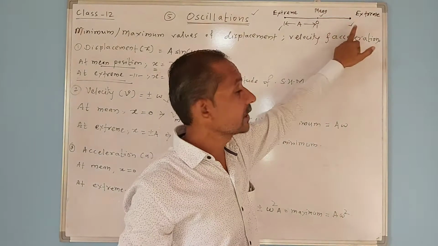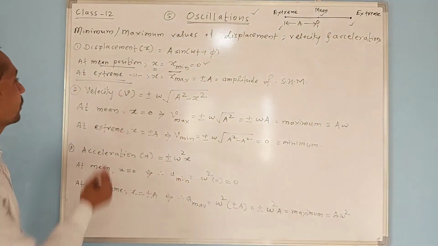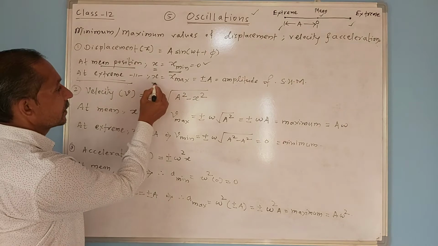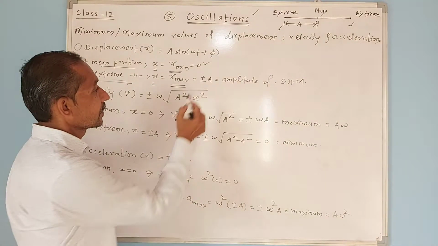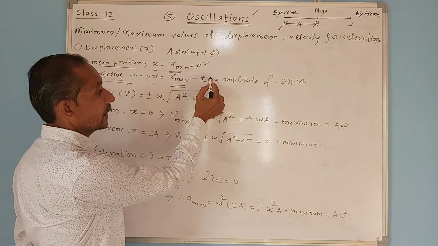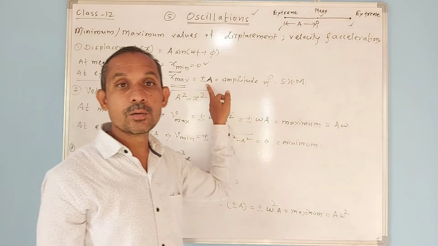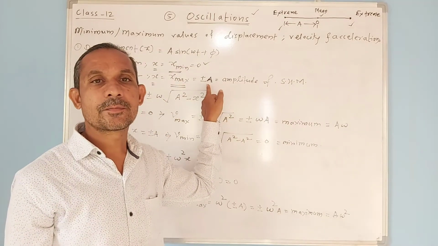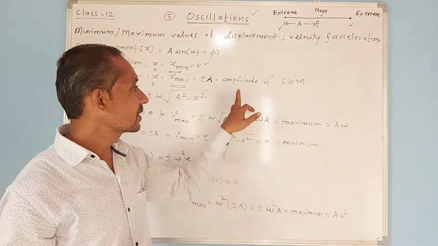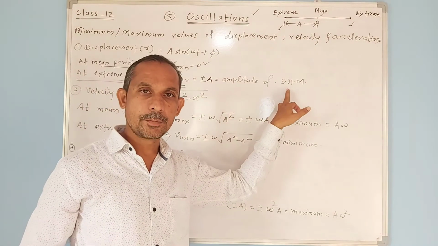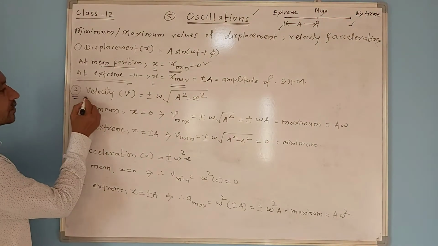It may be positive maximum or negative maximum. So at the extreme position, displacement x will be maximum, x max. It may be positive or negative, and its maximum value is a. This maximum value of the displacement in simple harmonic motion is also called the amplitude of simple harmonic motion.